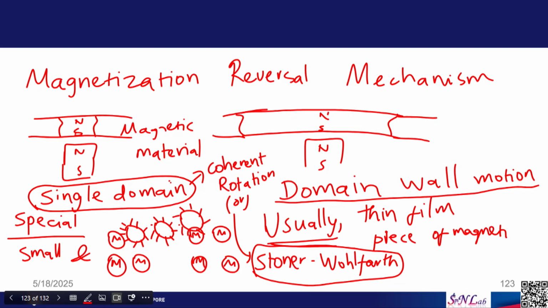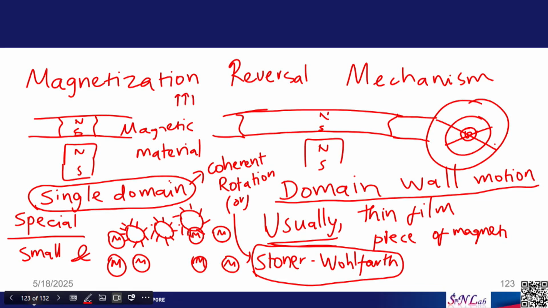So, I showed you that in the case of domain wall motion, for example, let us say this is one domain. As you apply field, this domain will spread. Okay, so, at time t1 it is like this, t2 it has spread over larger distance, t3 it has spread even larger distance. Okay. So, that is domain wall motion, and in the case of coherent rotation, let us say your particle has many spins.